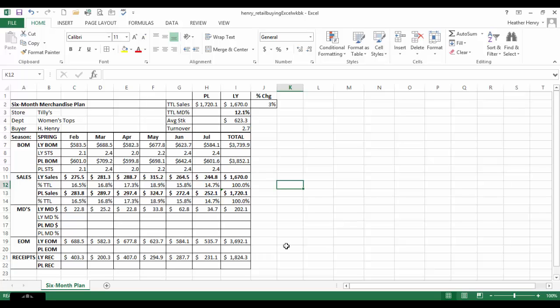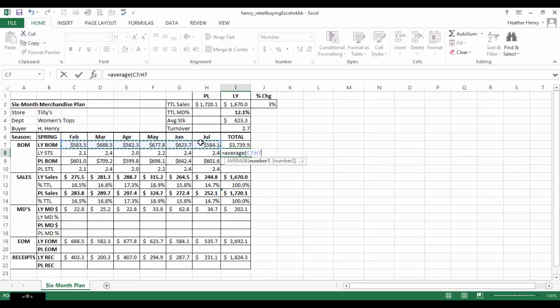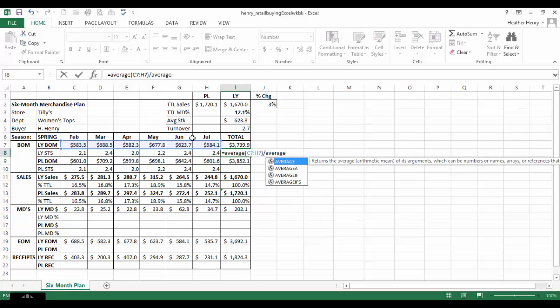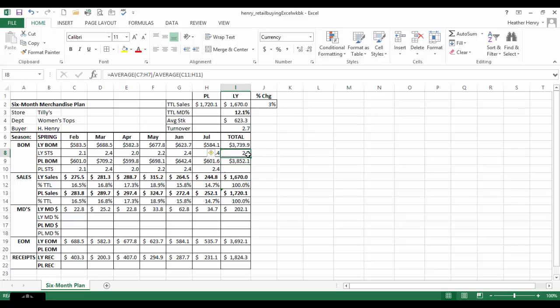If we would actually like to see the last year's stock to sales for our totals, what we simply do is we take our average of the amount of inventory that we have on hand and divide it by the average of our total sales that we have generated. So that will show that we had an average stock to sales of a 2.2. Since we are applying the same stock to sales last year to this year's plan, our this year plan should also be 2.2.